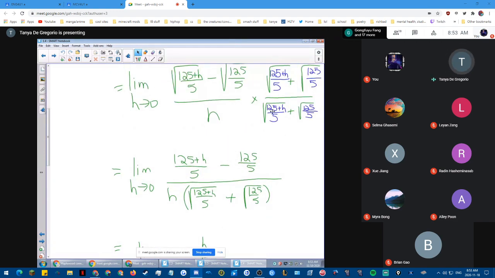Whenever we multiply two radicals that are the same, we know that it just comes out to be whatever's inside the radical. So for example, root 5 times root 5 is just 5. So root of 125 plus h over 5 multiplied by root of 125 plus h over 5 will just become 125 plus h over 5.